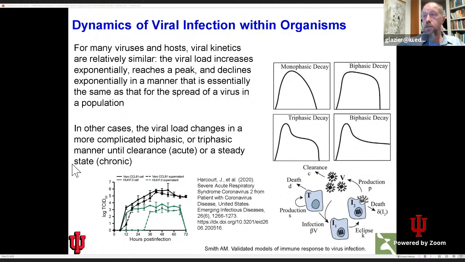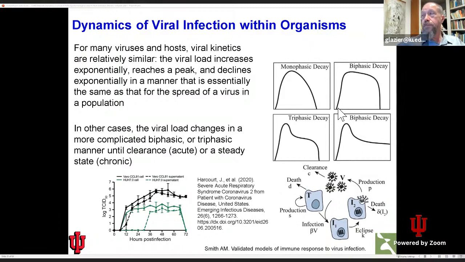There are viruses where the amount of virus goes up. It's called monophasic decay. It goes up, reaches a maximum, and then goes down almost like a parabola to zero. And there are viruses that do that.